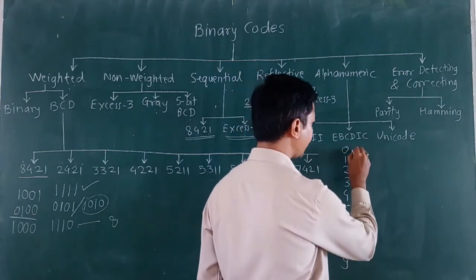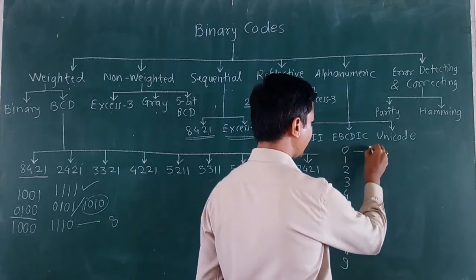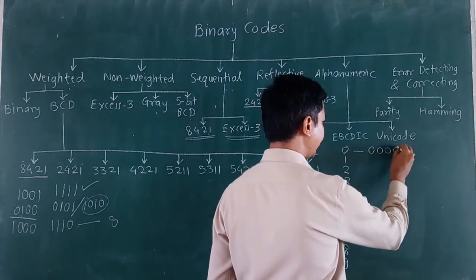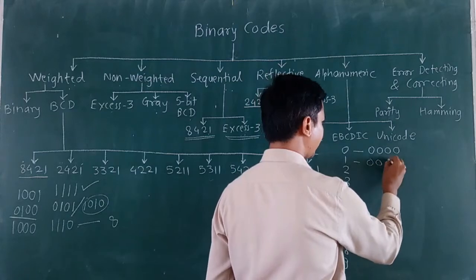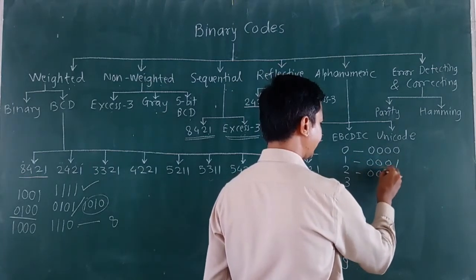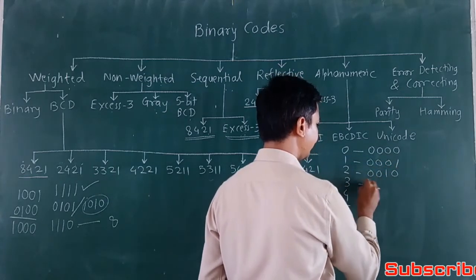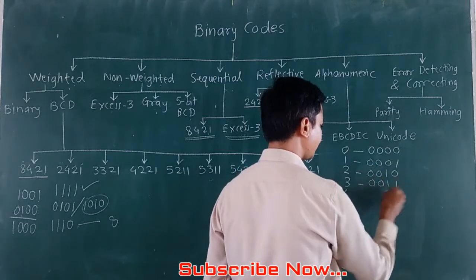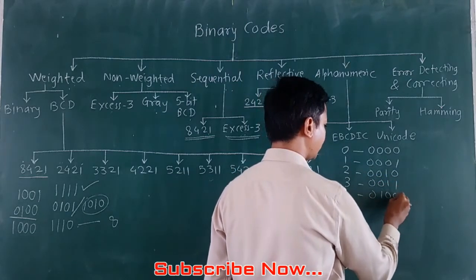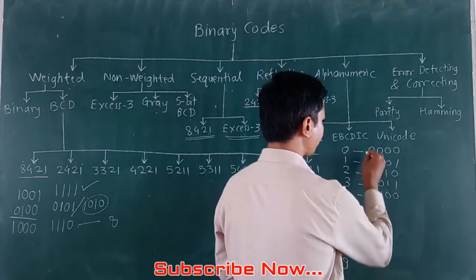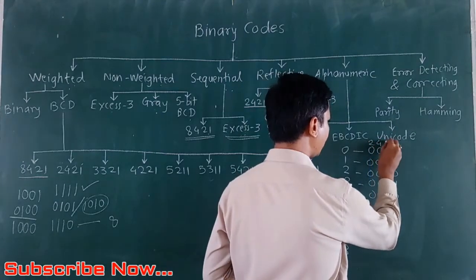So how to represent? 0 can be written as straightforward binary code 0 0 0 0, 1 as 0 0 0 1, then 2 is represented by 0 0 1 0, 3 is represented by 0 0 1 1, 4 by 0 1 0 0. I will write here 2 4 2 1.